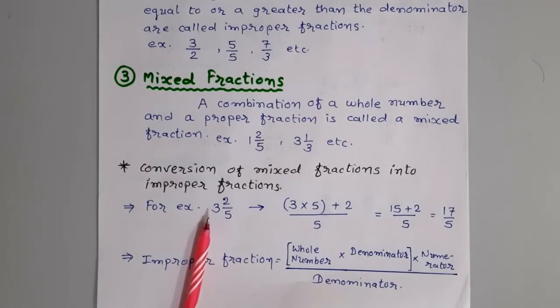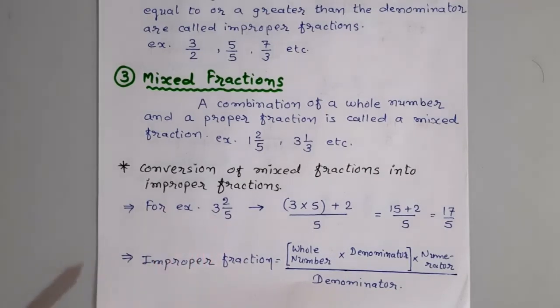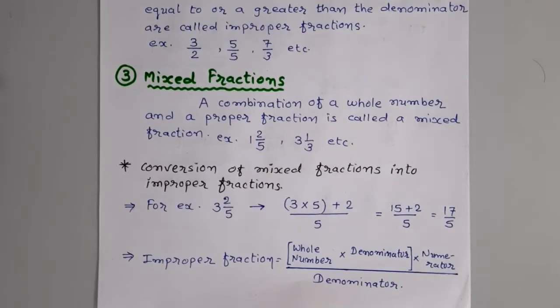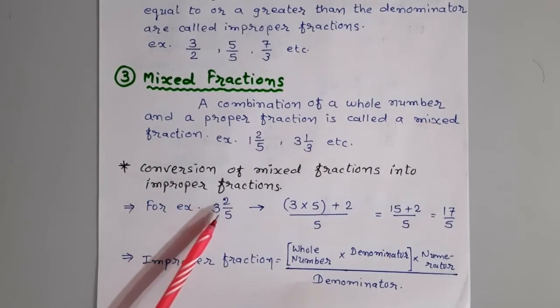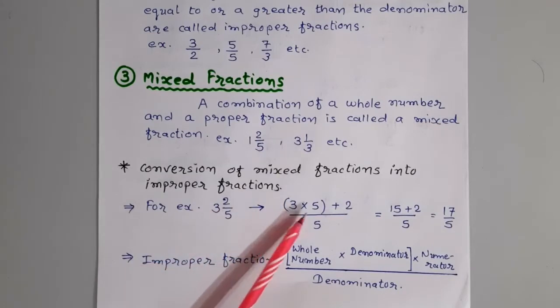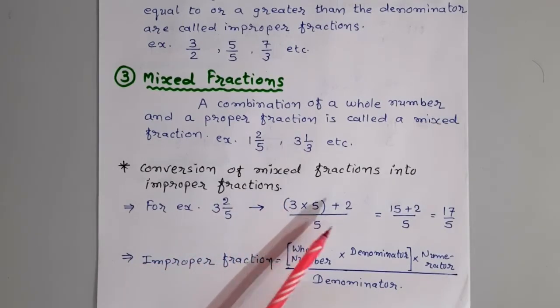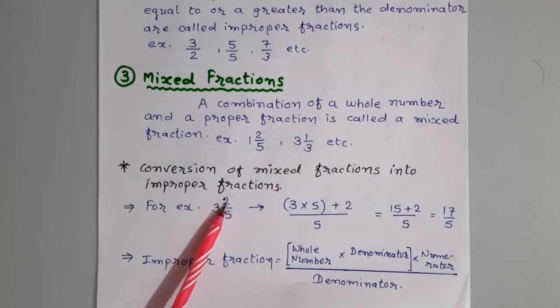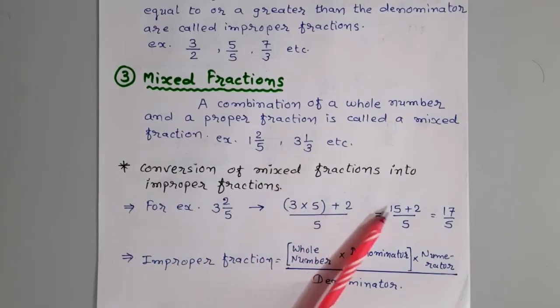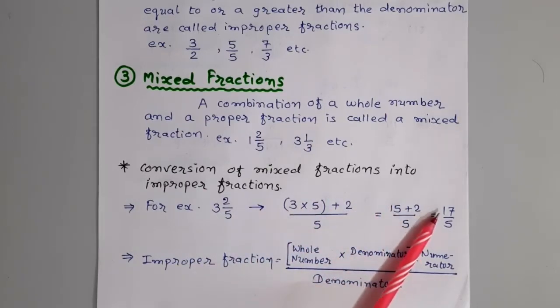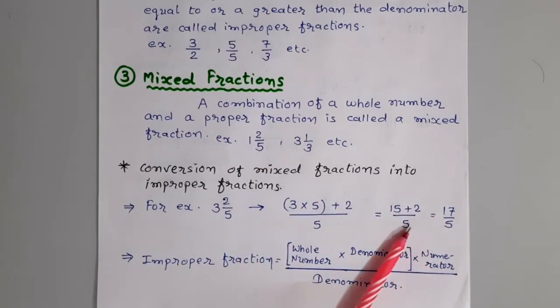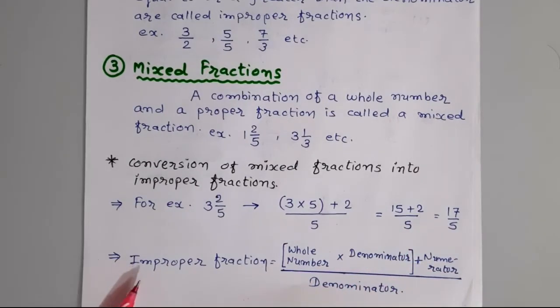To convert this mixed fraction into an improper fraction, we have to multiply like this: 3 into 5 and add the numerator to it, so 3 5s are 15 plus 2, 15 plus 2 equals 17 upon 5.